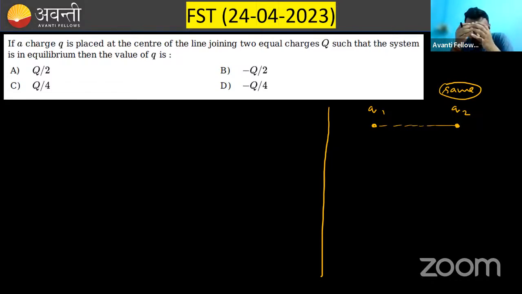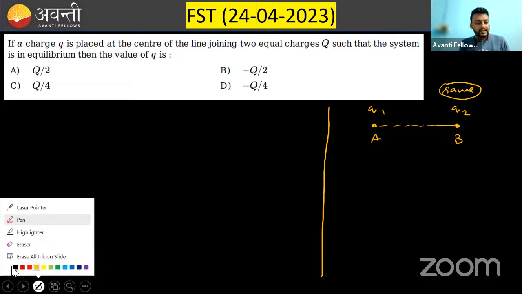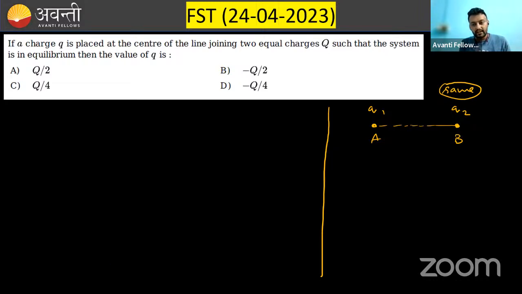Now if I want to place a third charge, whether positive or negative doesn't matter, on this line AB, such that that charge remains in equilibrium, then the third charge should be placed between the points A and B. This is the equilibrium point.